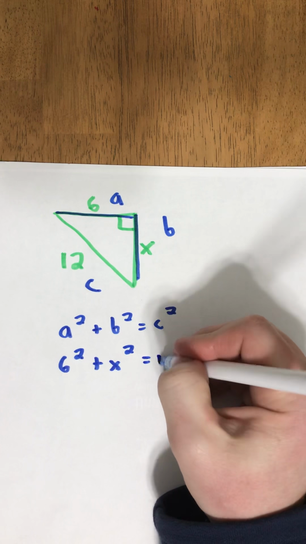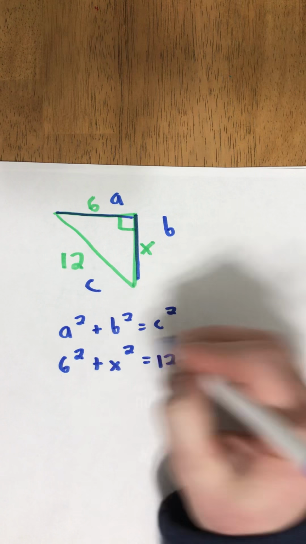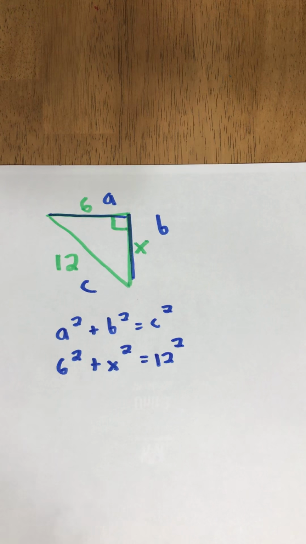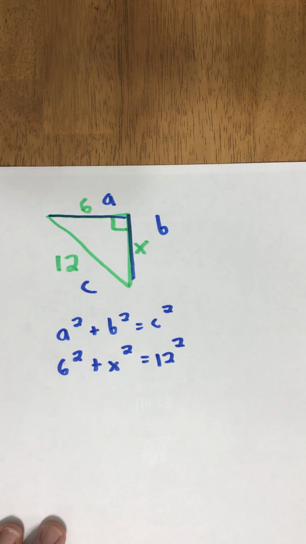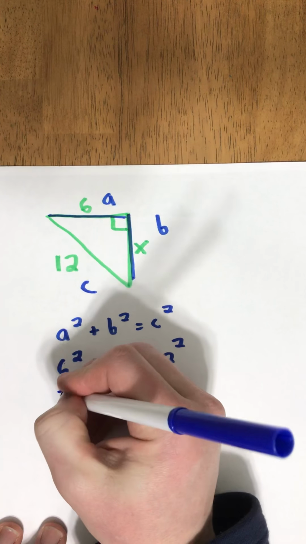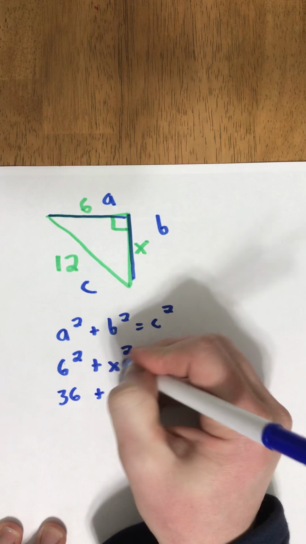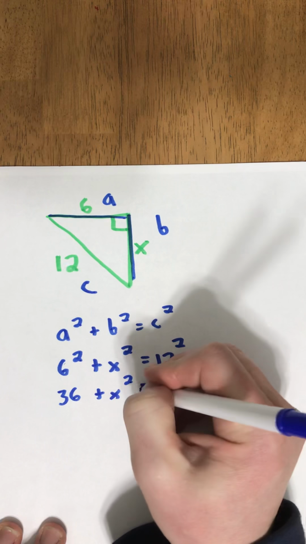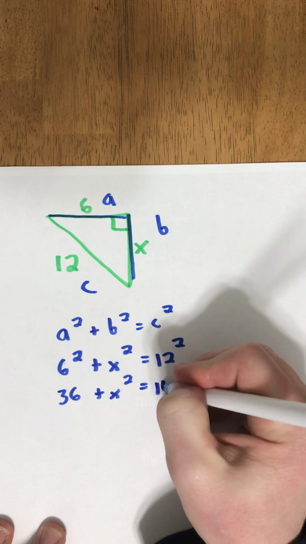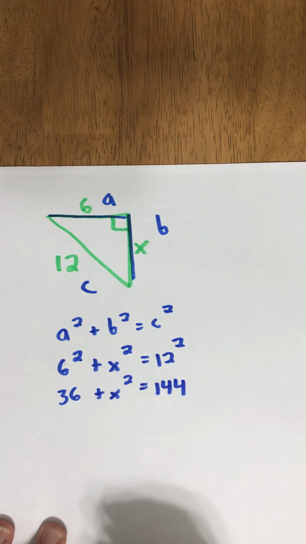And c is our 12. So we have 6 squared plus x squared is equal to 12 squared. Now we can do these in our calculator if we need to. 6 squared is 36. X squared. And 12 squared is equal to 144.